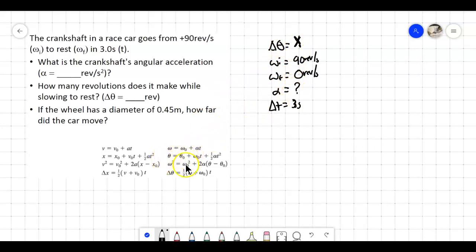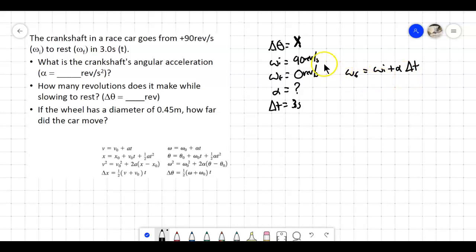Anything with theta in it, we can't use. So basically these bottom 3 equations right here, we can't use. We need to use omega final equals omega initial plus alpha times t. And actually I'll use delta t to be consistent.